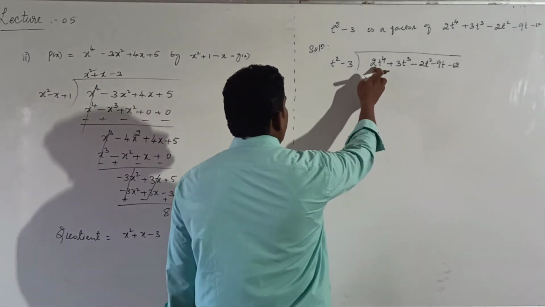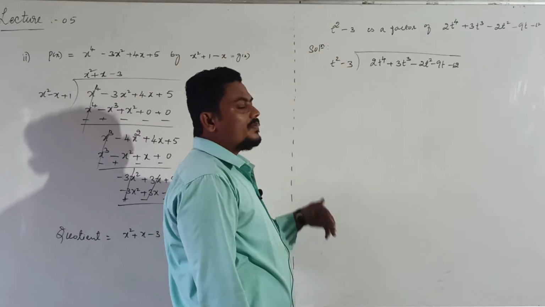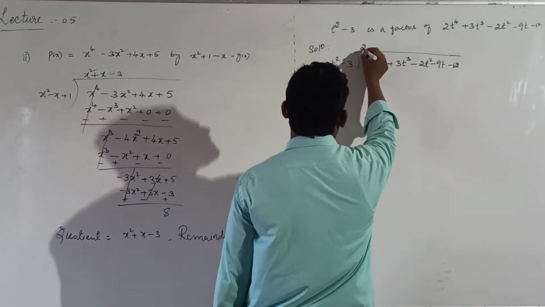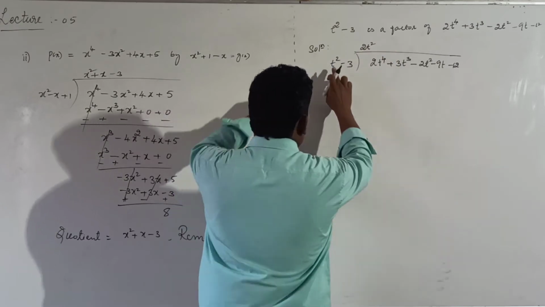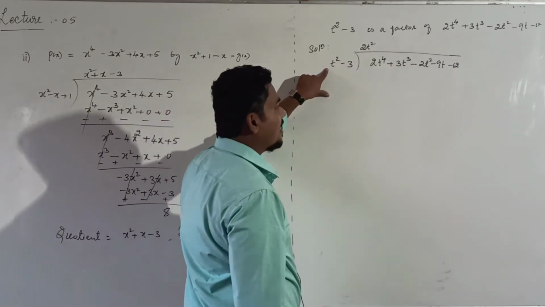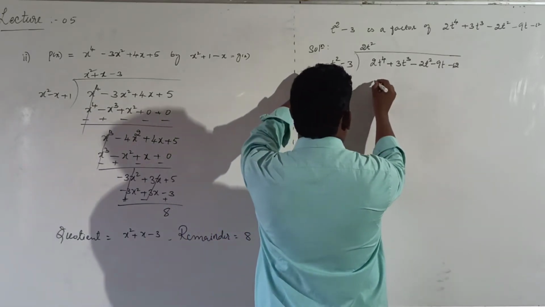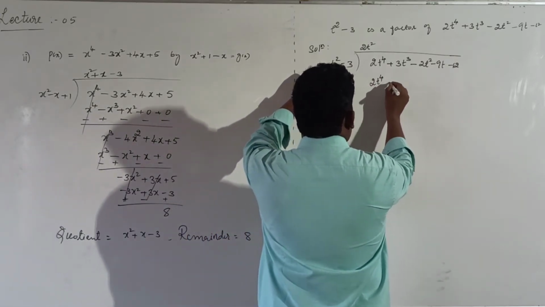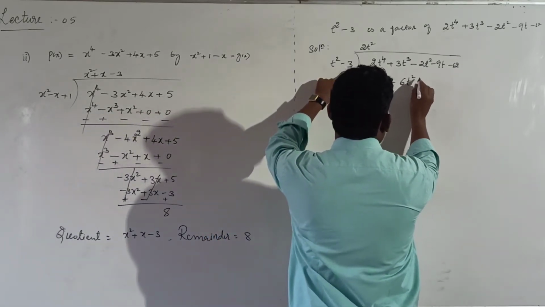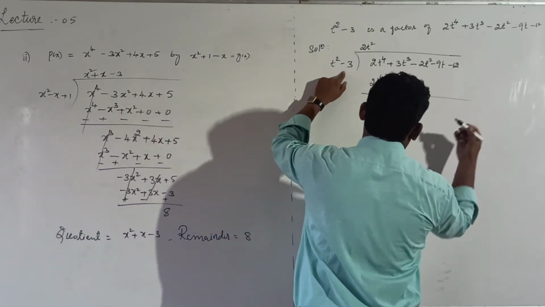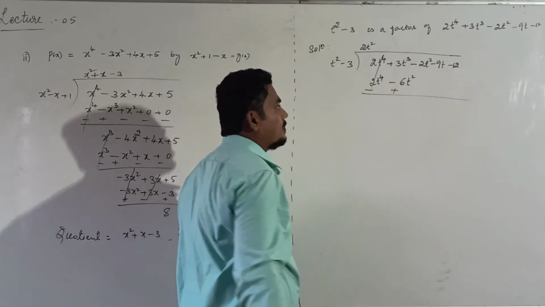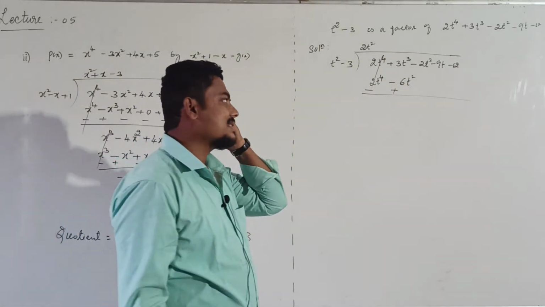Same procedure. For getting 2t power 4, which term should we multiply with the divisor? Clearly 2t square. If you multiply t square by 2t square, then we get 2t power 4, and 2t power 4 minus 6t square. Now reverse the signs. 2t power 4 will get cancelled.